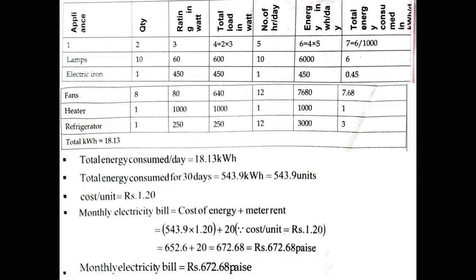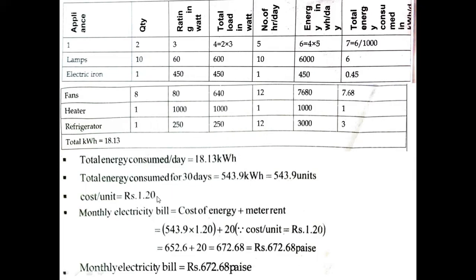So add all this. So 6 plus 0.45 plus 7.68 plus 1 plus 3. That is 18.13 kilowatt hour, total energy consumed per day. For 30 days, 30 into 18.13, that is 543.9 kilowatt hour, which is equal to 543.9 units.